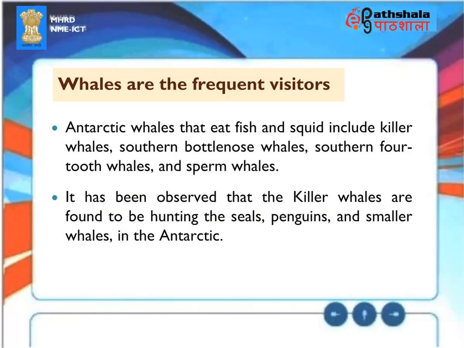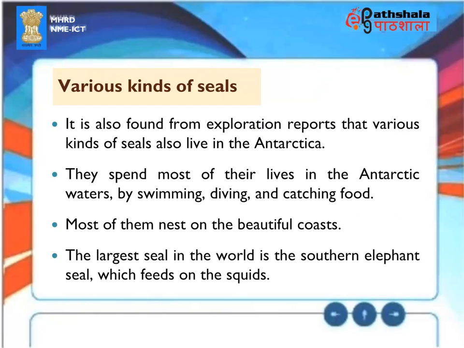Antarctic whales that eat fish and squid include killer whales, southern bottlenose whales, southern four-toothed whales, and sperm whales. It has been observed that killer whales hunt seals, penguins, and smaller whales in the Antarctic.